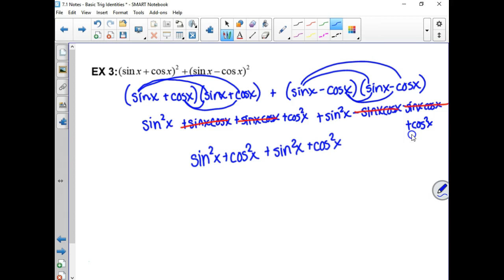That is one of our Pythagorean identities: sine squared x plus cosine squared x equals 1. So we can replace each set with 1, and 1 plus 1 equals 2. So this simplifies all the way down just to give us 2.